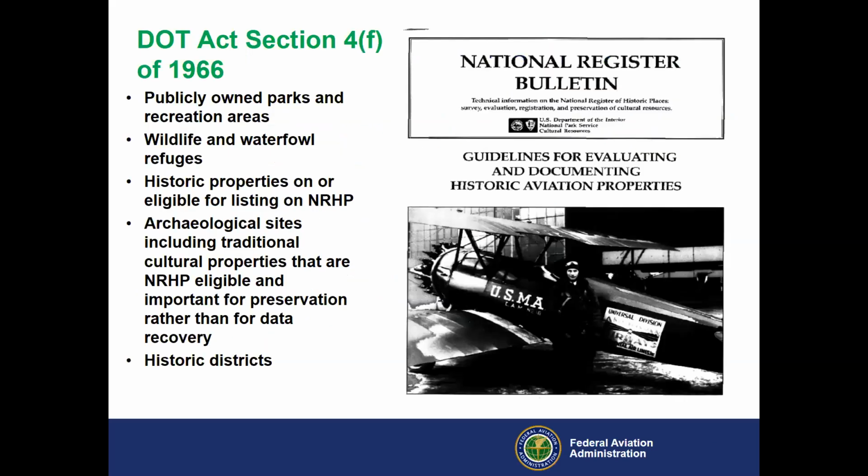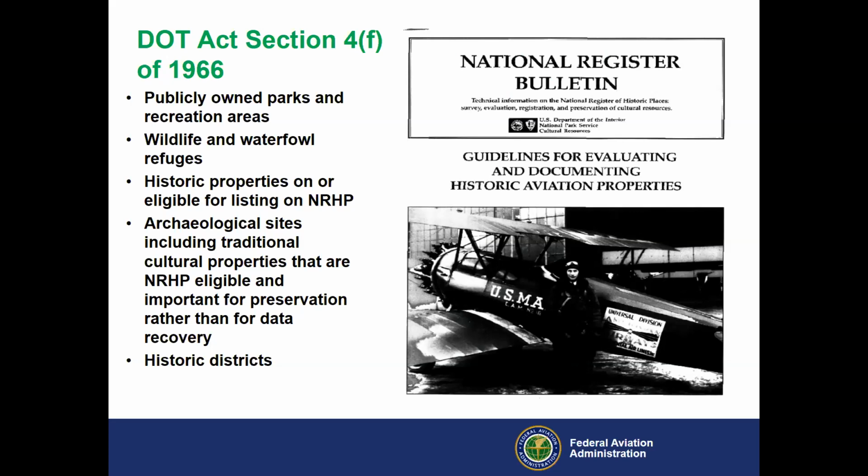So the U.S. Department of Transportation Act, Section 4(f), was enacted in 1966. So this really only applies to U.S. DOT agencies: Federal Highway, Federal Rail, Federal Transit, and the Federal Aviation Administration. That it's our act that we have to comply with.